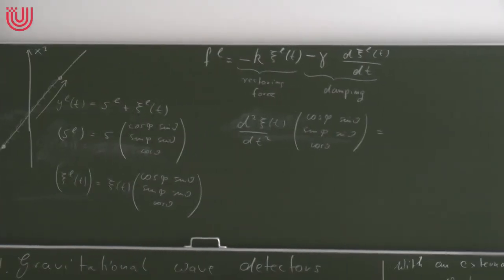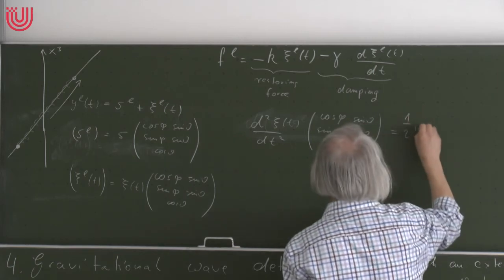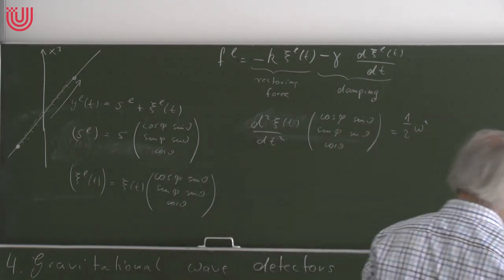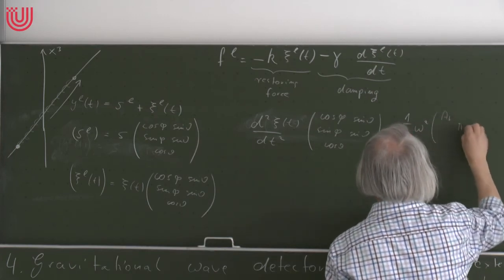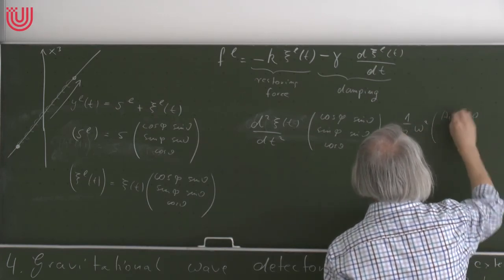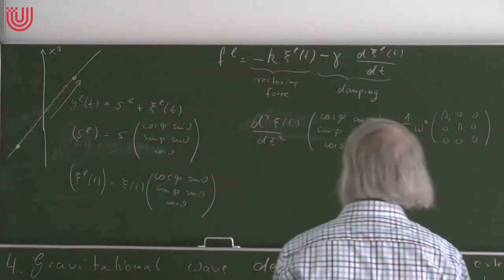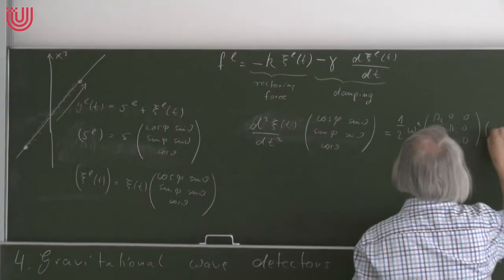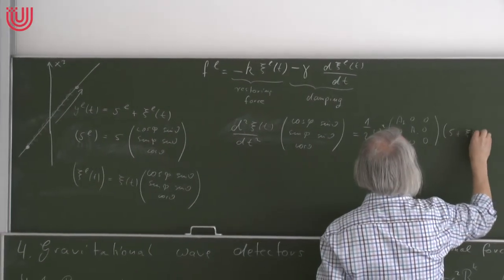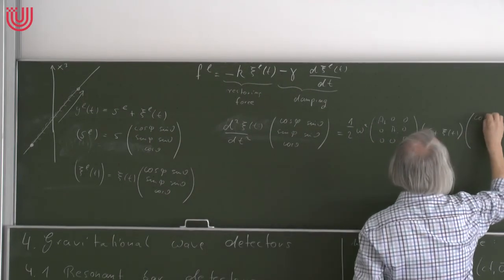Then I have 1/2 omega squared, a plus, a minus, and zeros everywhere else, acting on y. Y is this here. So this is s plus psi of t times this direction vector.